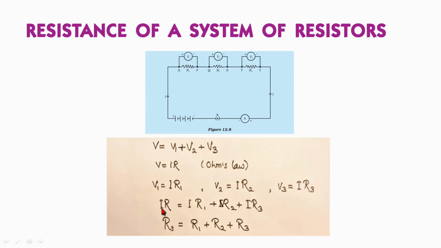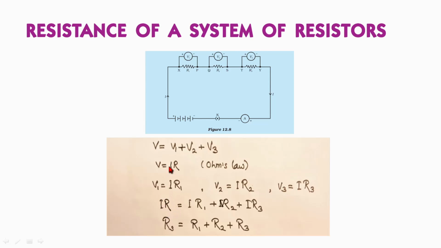V is equal to I into R. R is the resultant final resistance of the combination of resistors. So IR is equal to IR1 plus IR2 plus IR3. Here the current is the same. The variation is in voltage. The current in all the resistors is the same.